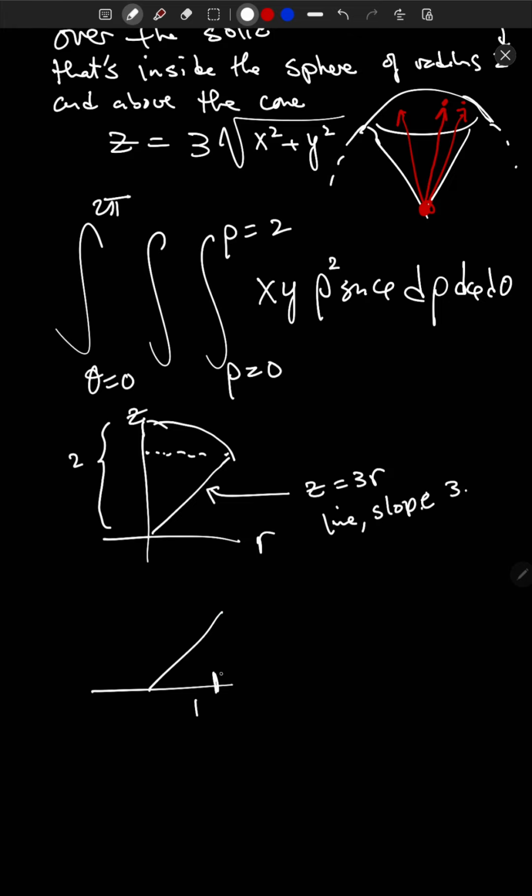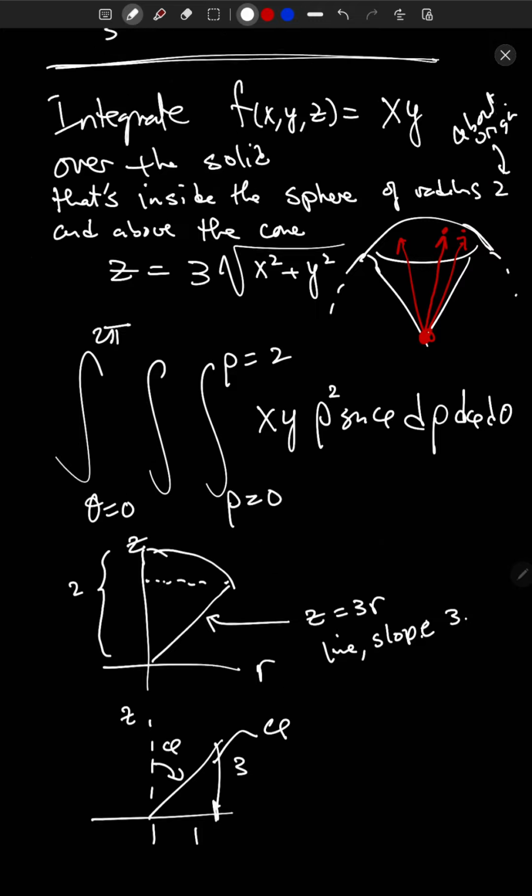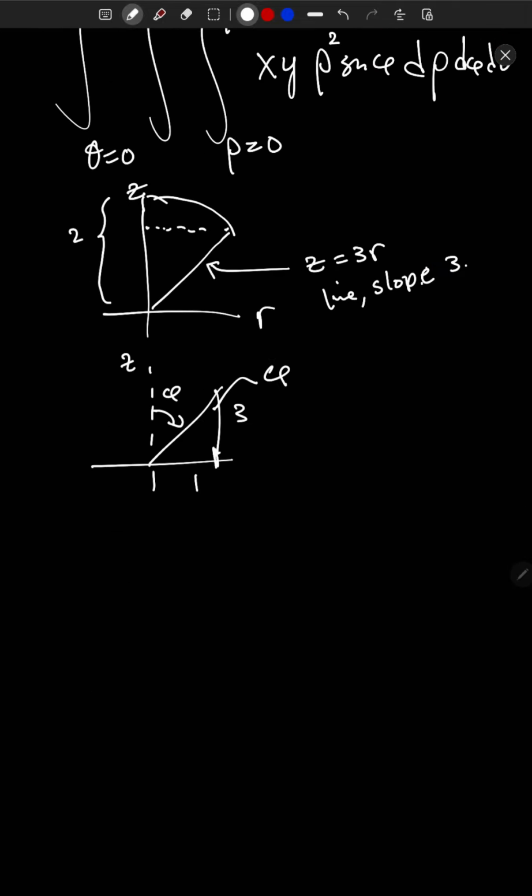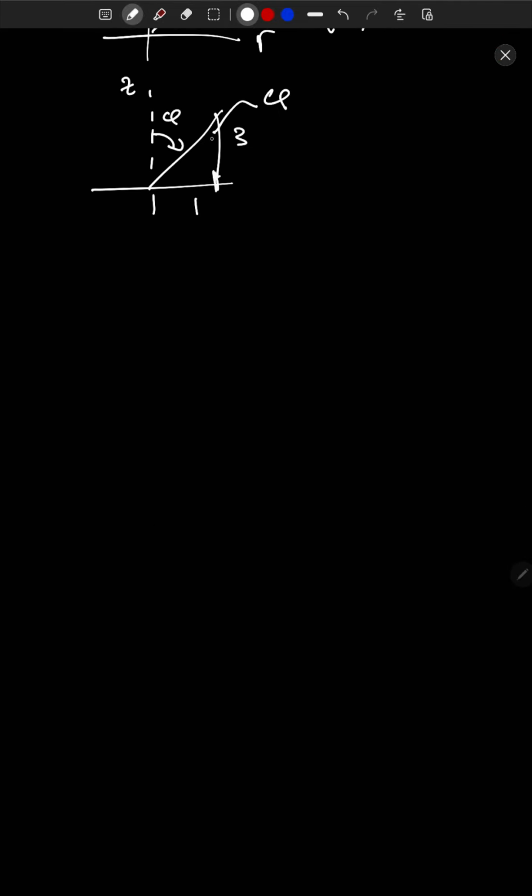So 1 step here, 3 steps up. All right. Why do I care? Well, if this is the z direction, that's the angle that I want, which is the same as this angle right here. Right, which is the angle right there. And tangent phi is opposite over adjacent. And so phi is equal to arctangent 1/3.